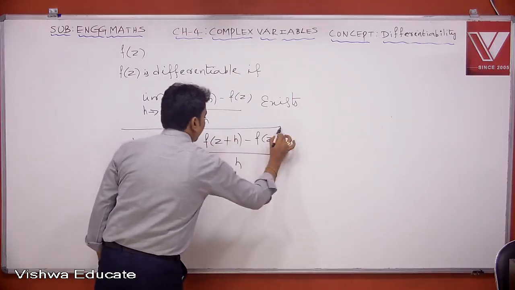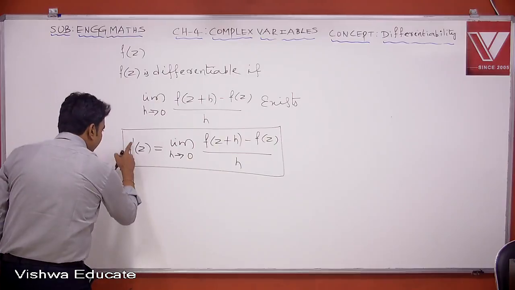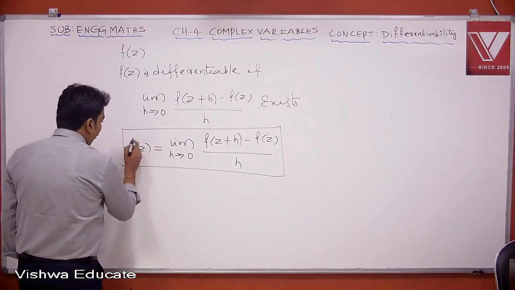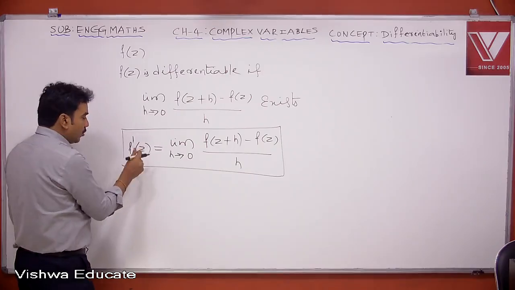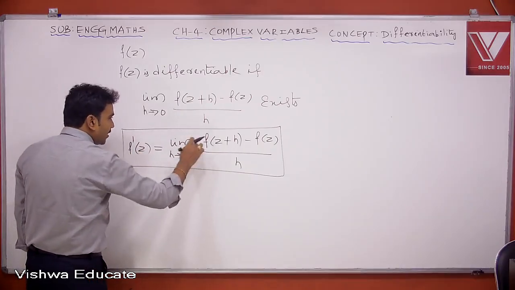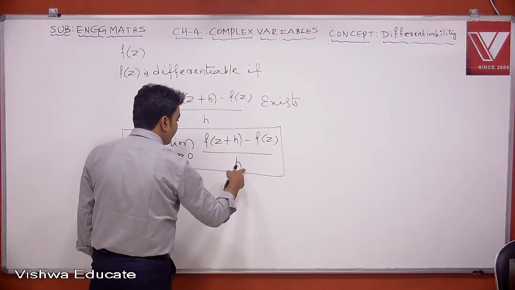So this expression is denoted by f dash of z. Now this is a derivative of f at z. What f dash represents? This is first order derivative of f at z. So f dash of z is denoted by this limit, limit h tends to 0, f of z plus h minus f of z by h.